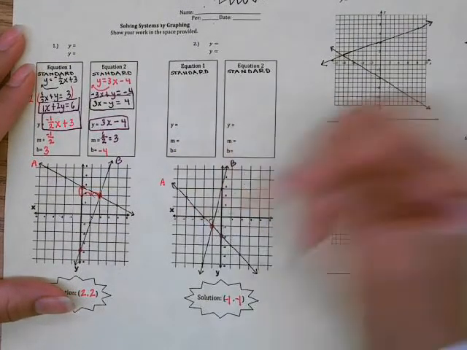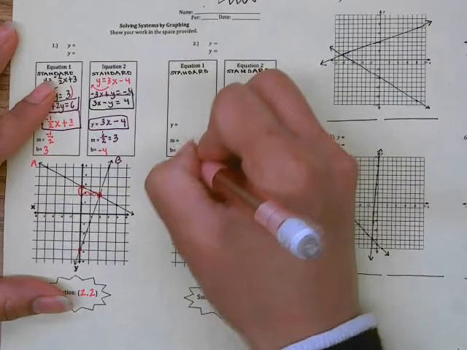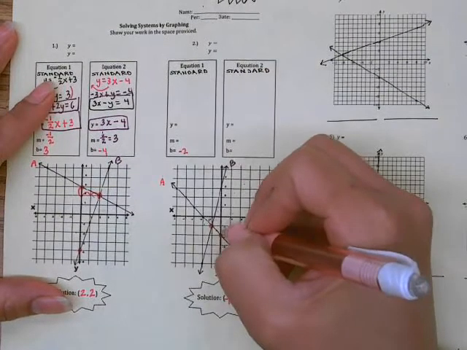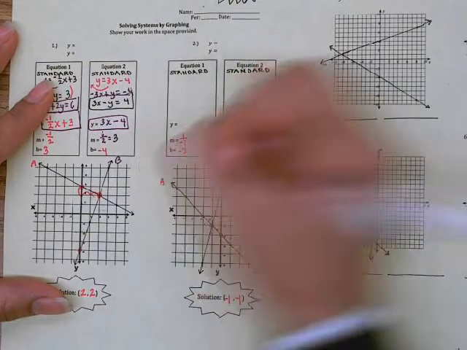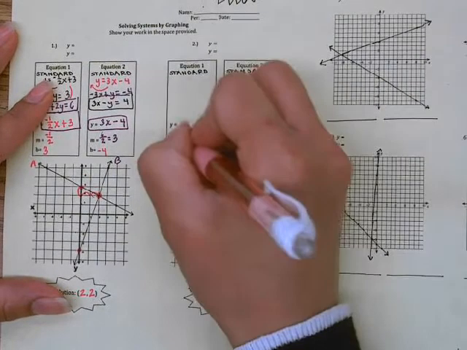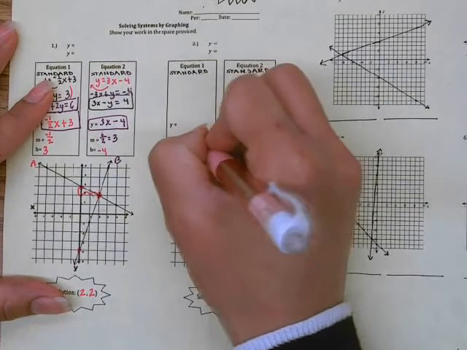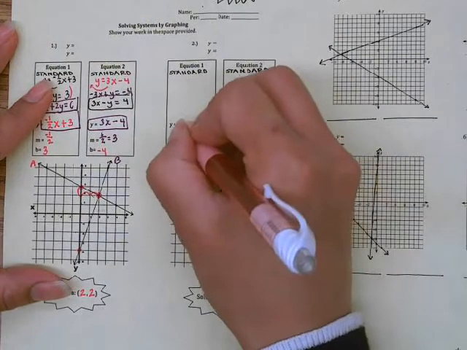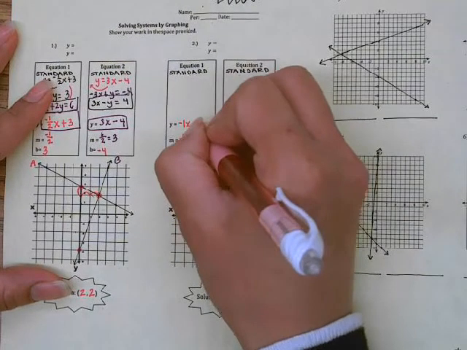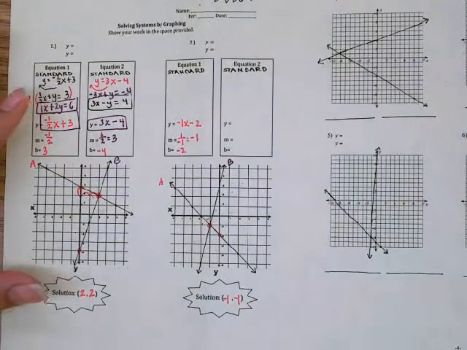The y-intercept of line A is negative 2. The slope is 1 down, 1 left, which means it's negative 1. So 1 divided by negative 1 is just negative 1. So my equation is going to be y equals negative 1x minus 2.